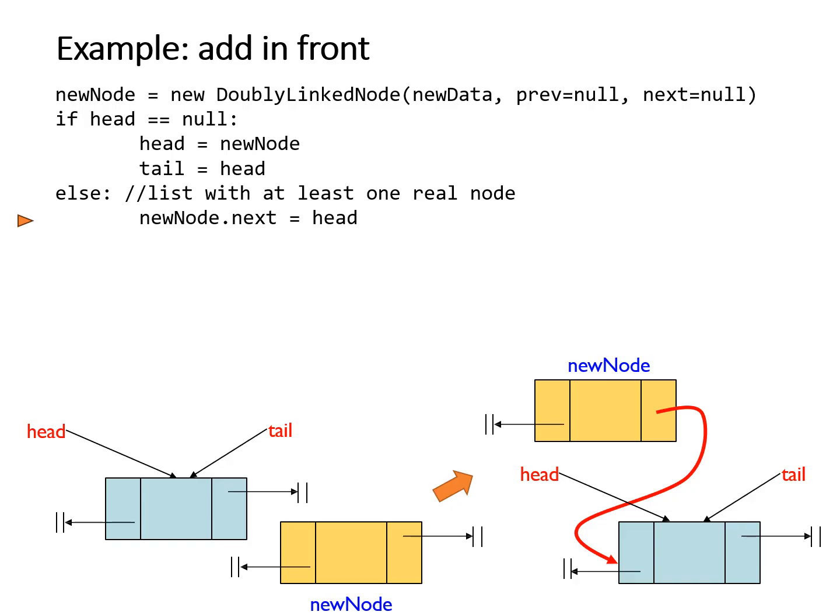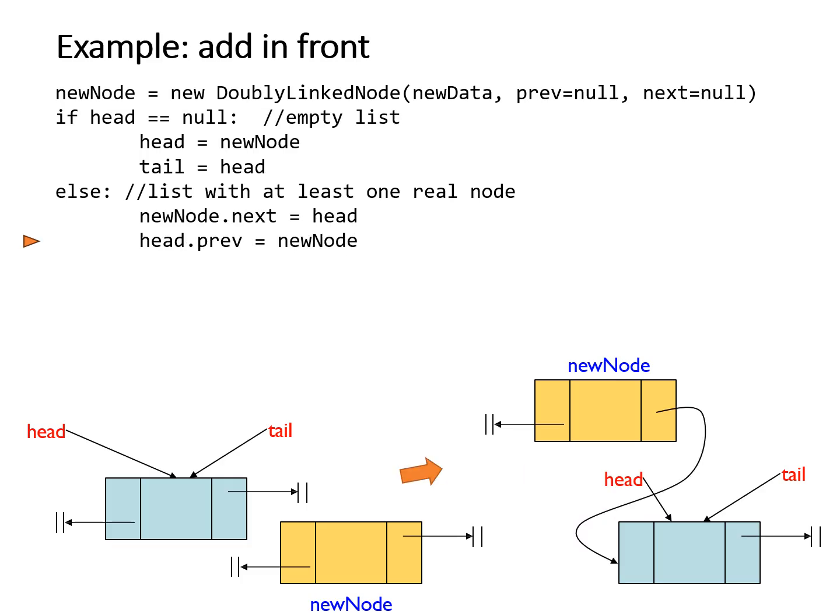This relatively simple addition for a singly linked list now becomes more complicated. So the first thing we do, new node next is equal to head. Now we need to update the previous of the head to point to the new node.